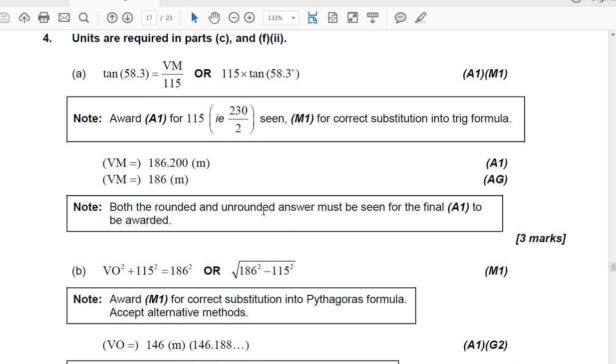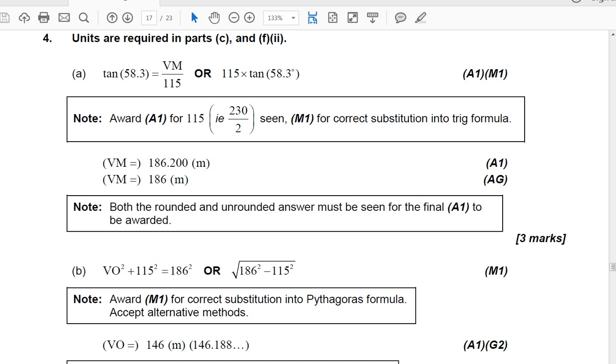Note, both the rounded and unrounded answer must be seen for the final A1 to be awarded. So that's interesting. If you wrote just 186 instead of the 186.2, you would only get 1 point, which is a little curious. I'm not a big fan of that, but we'll just go with it.